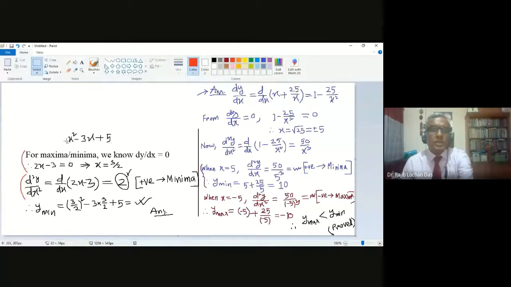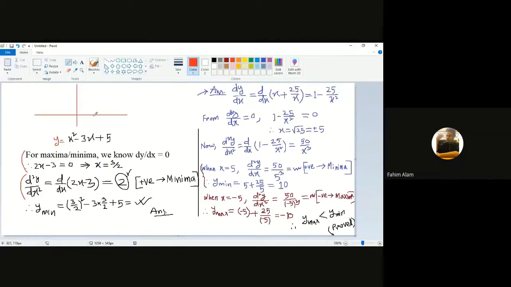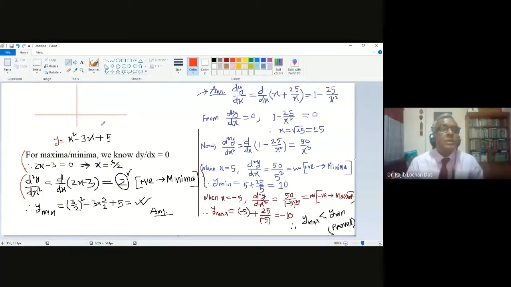Do you have any idea what will be the shape of this graph? This is not a straight line, sure, right? Sir, parabola. Parabola, okay. So it is a parabola.